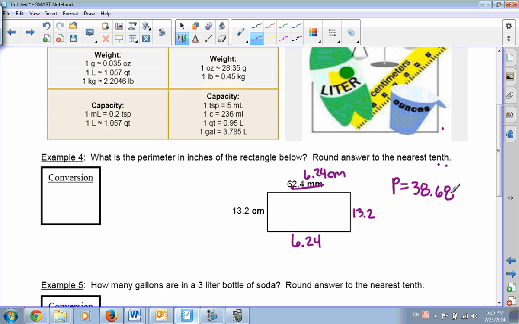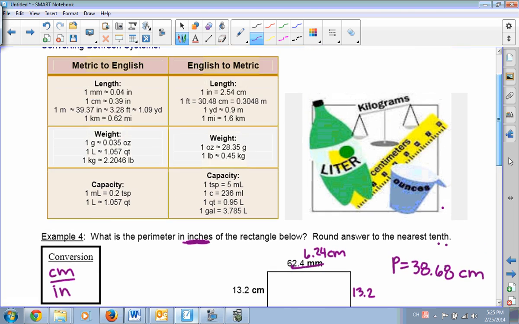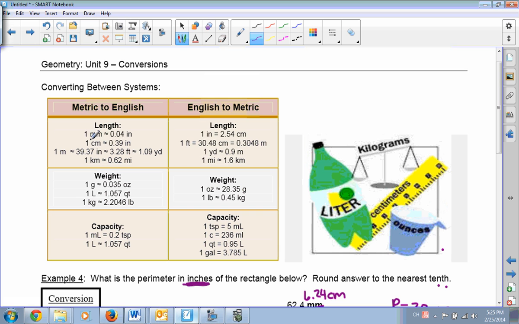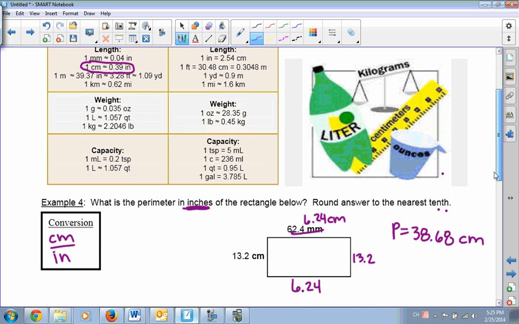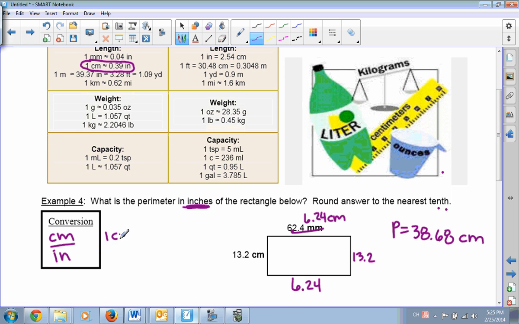But remember, that is in centimeters. And the question wants to know what is the perimeter in inches. So we're converting, we're going from centimeters to inches. So we need to look up in our table and find out how many inches are in a centimeter. It says right there that in 1 centimeter, there is 0.39 inches.